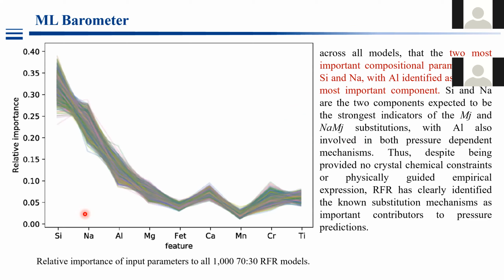From these figures, we can see silicon and sodium are the two most important compositional parameters, which corresponds to the substitution mechanism.